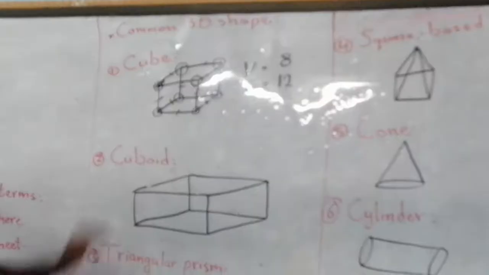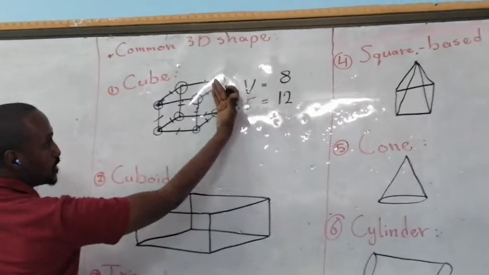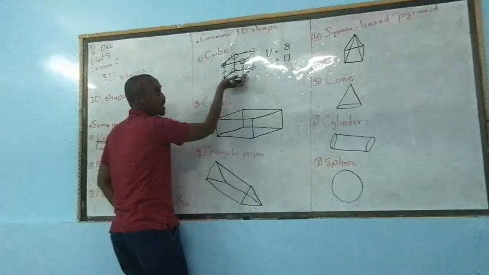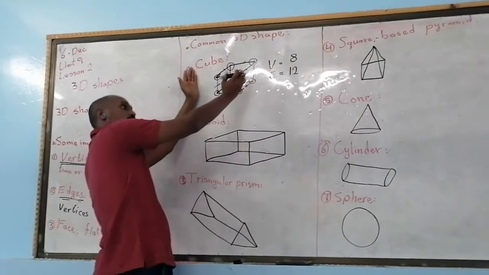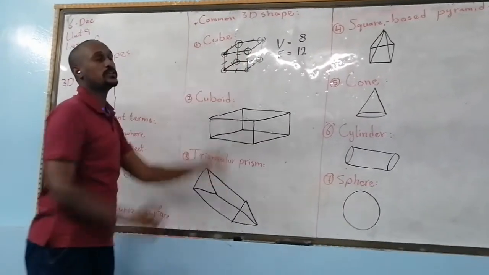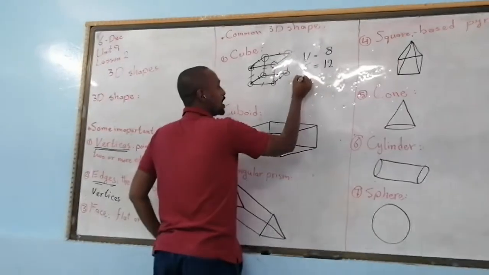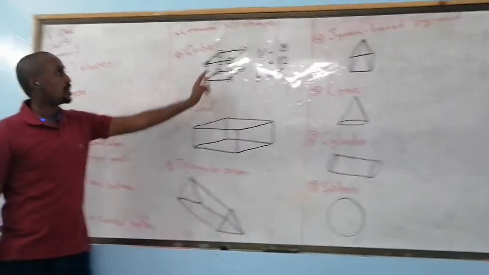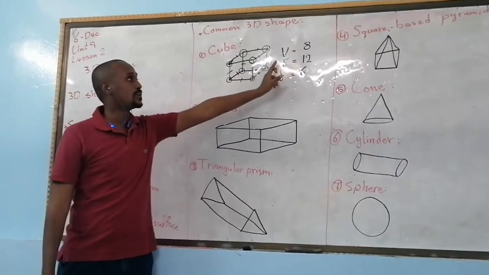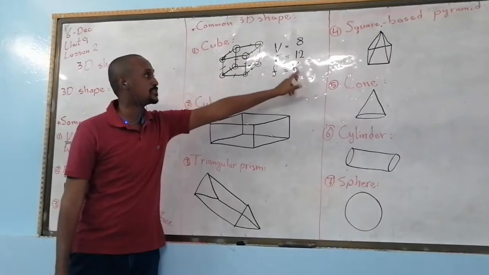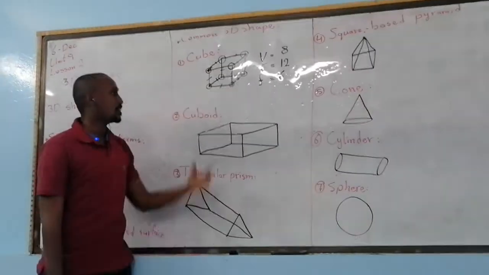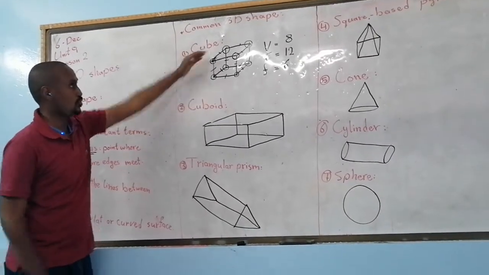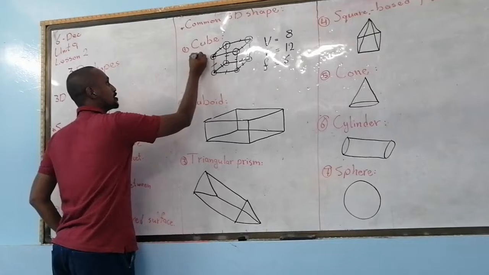When you look at it, 1, 2, the behind one 3, and the bottom 4, 5, and behind it 6. It has 6 faces. So the cube has 8 vertices, 12 edges, and 6 faces.